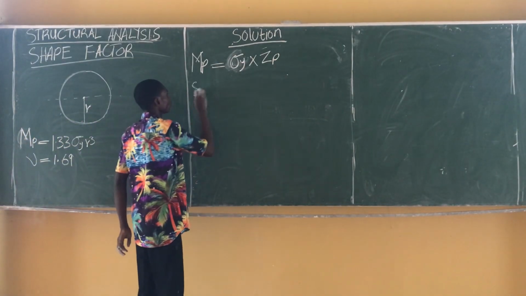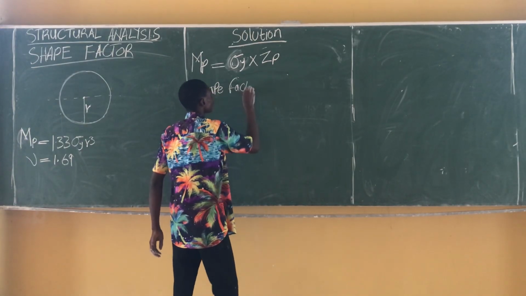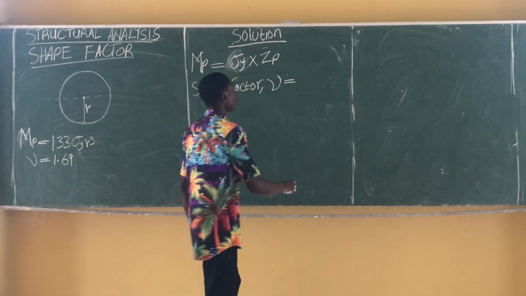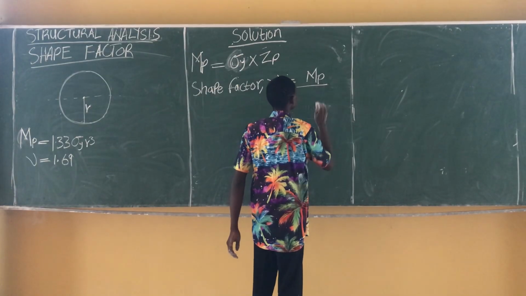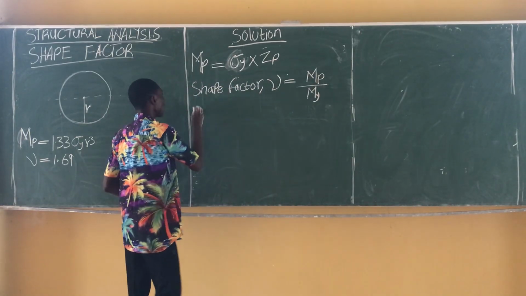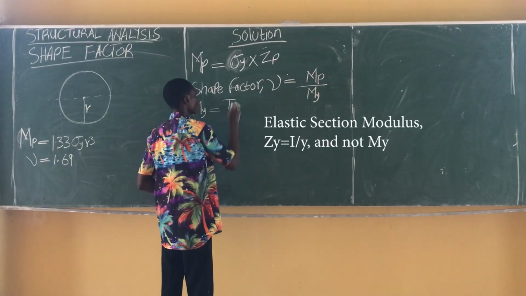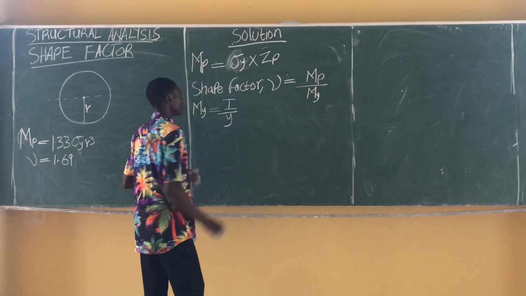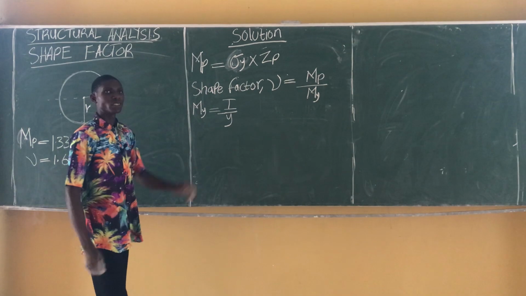Now shape factor is simply equal to our plastic moment all over our elastic moment, where our elastic moment My is equal to our I all over Y, where Y is the distance from the boundary of the circle to the center.